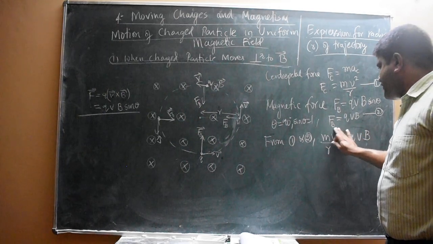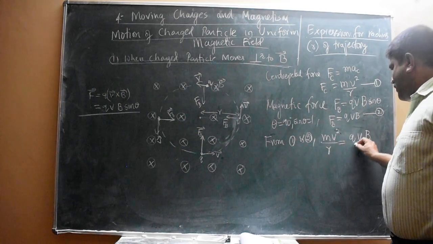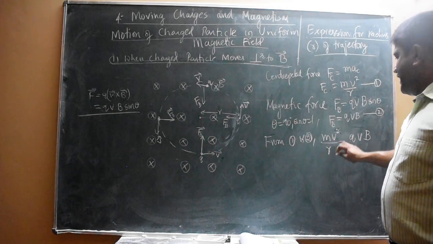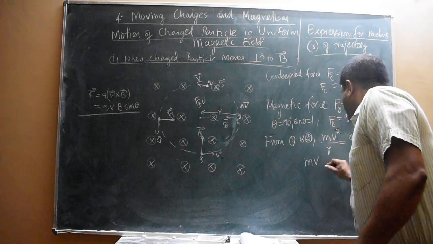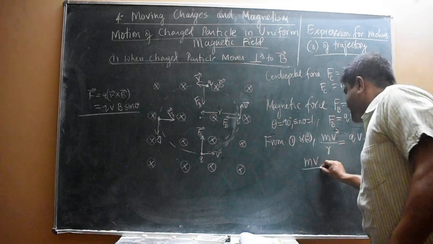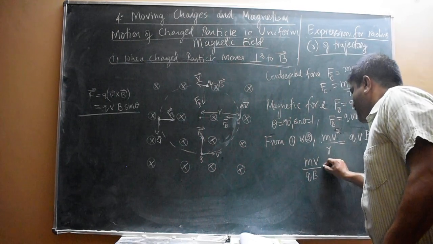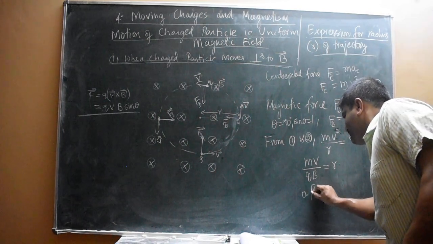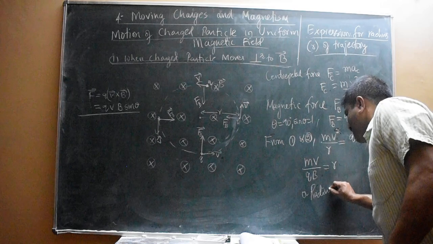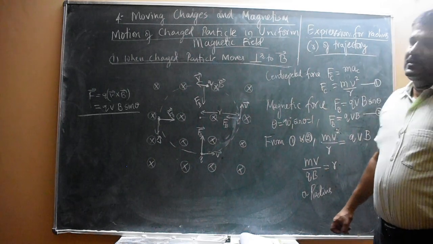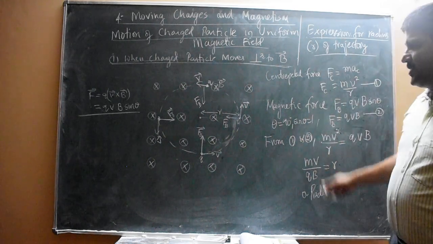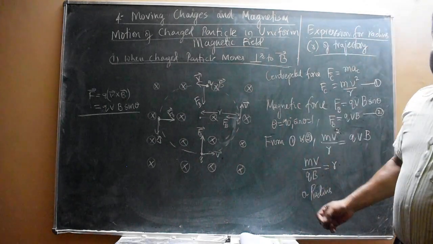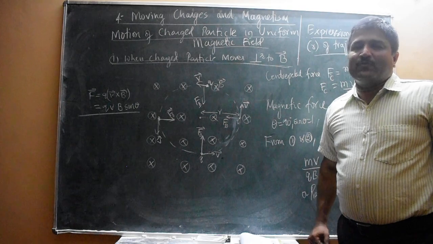Here v square is there, and one v cancels out of v square. So mv remains here, and bring the qB to the other side. So radius of the trajectory equals mv by qB. It is not the radius of the charged particle. Charged particle is extremely small. The radius of the trajectory may be a few centimeters. Charged particle size, if it is a proton, is a few Fermi.